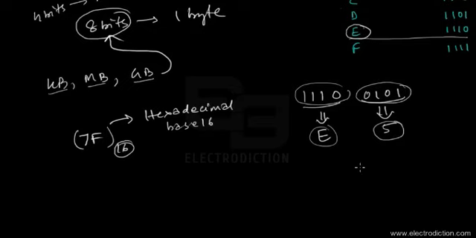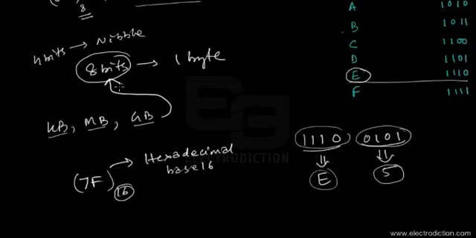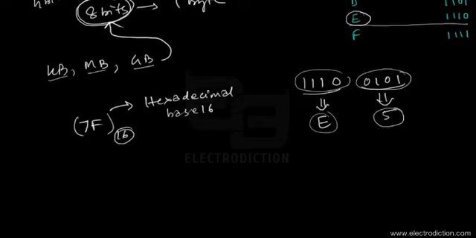Since most processors work with 8 bits of data nowadays, if we have 8-bit data, let's write it down this way, 1110 and then 0101, and we are supposed to represent it in terms of hexadecimal numbers, how would we do so? We divide it into 4 bits each.